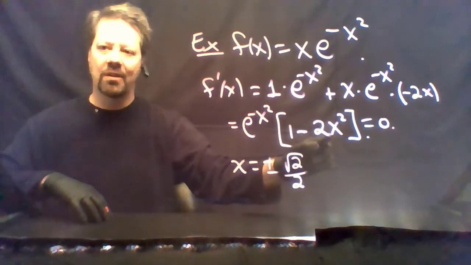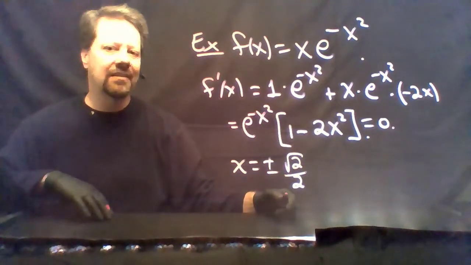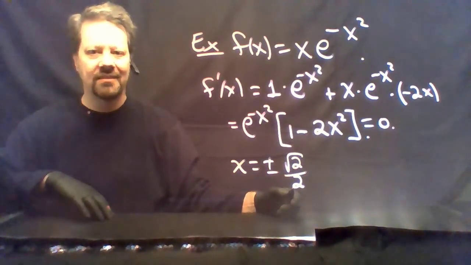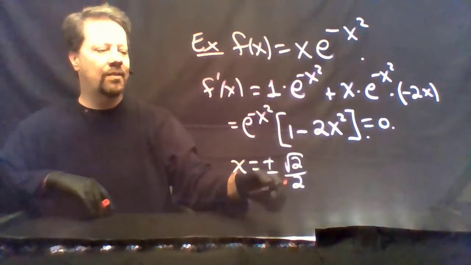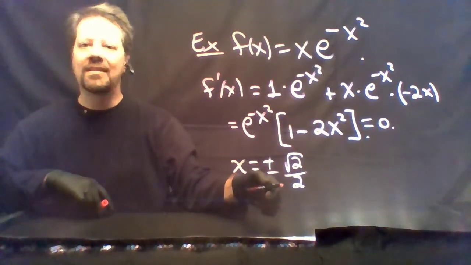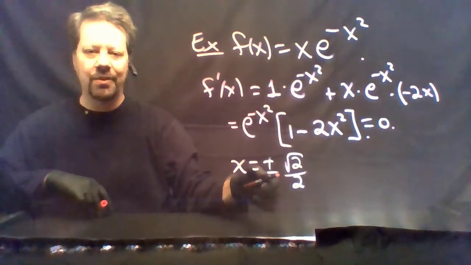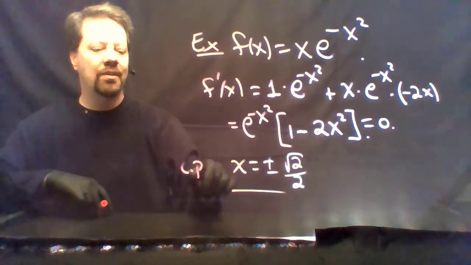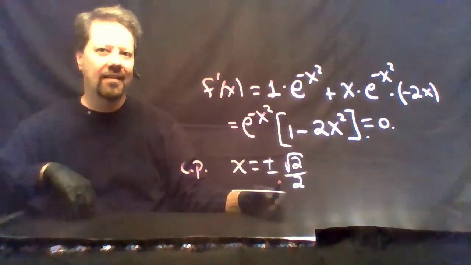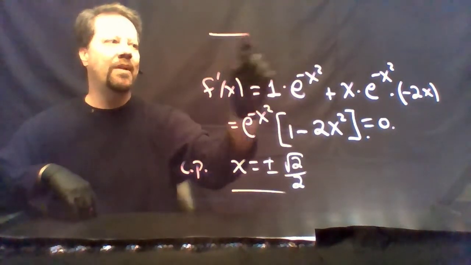You can see that x squared will be equal to 1/2. Taking the square root, x will be plus or minus 1 over the square root of 2. Rationalizing the denominator, you get plus or minus the square root of 2 over 2 as your two critical points. We'll plot these 2 points on the number line.